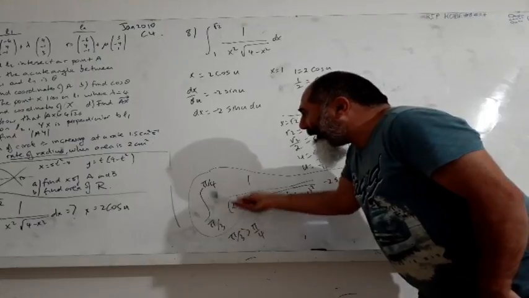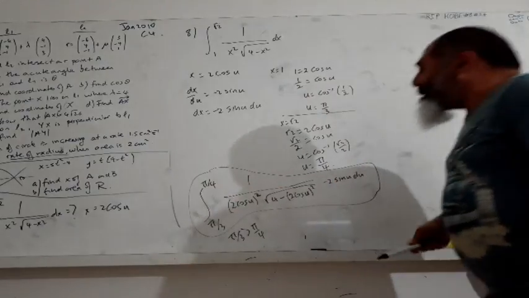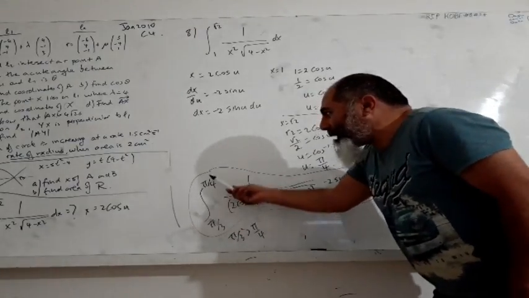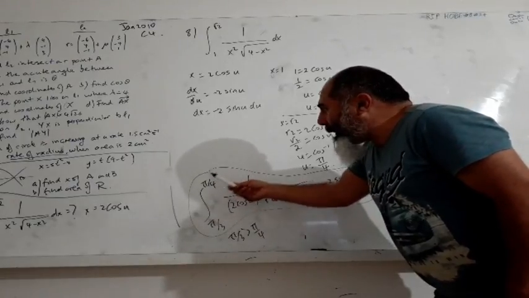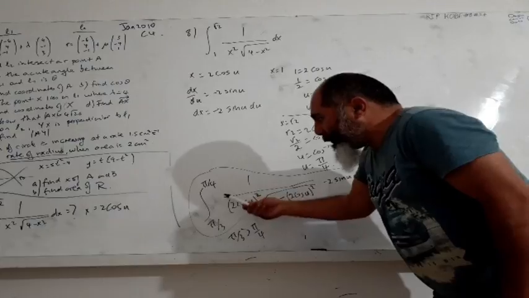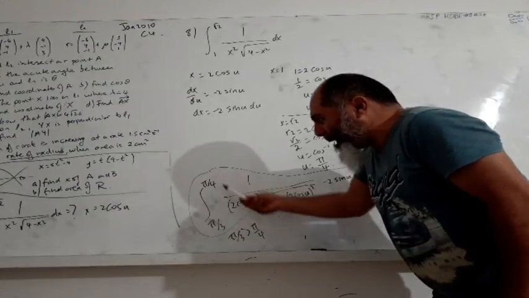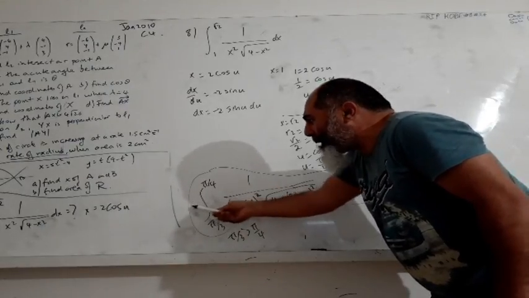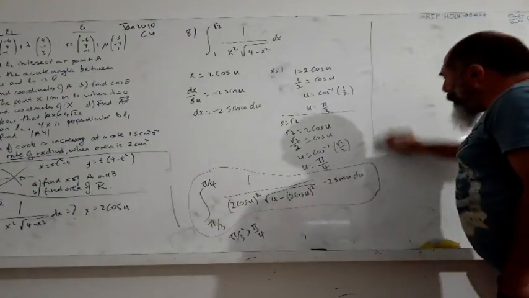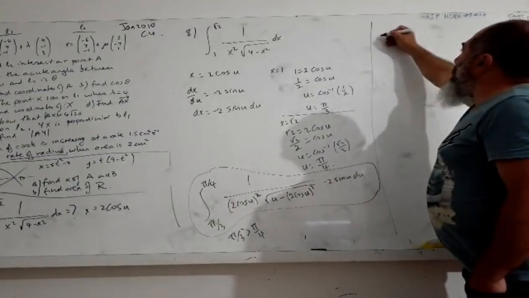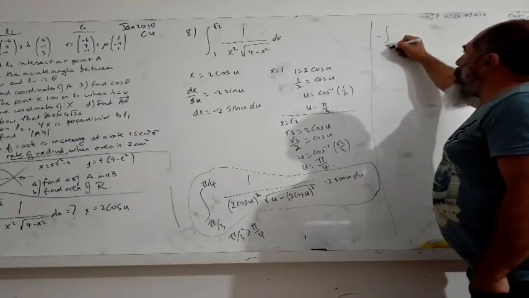Pi over 3 is greater than pi over 4, but we cannot leave it that way. So the integration is going to be minus from pi over 4 to pi over 3.